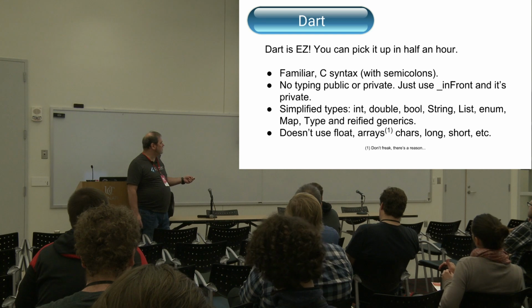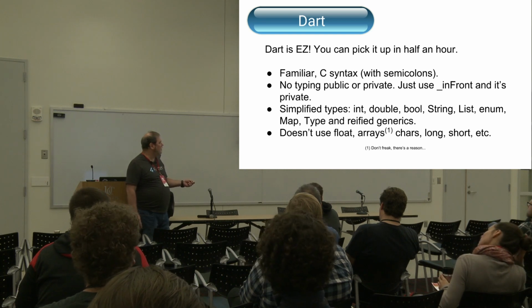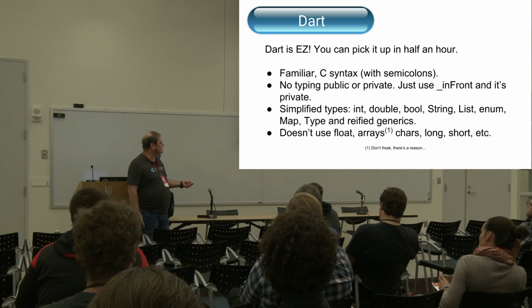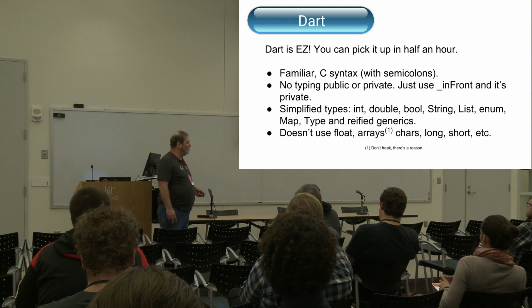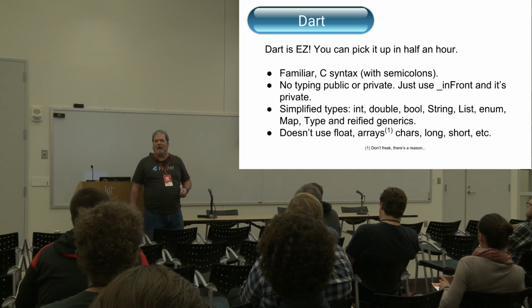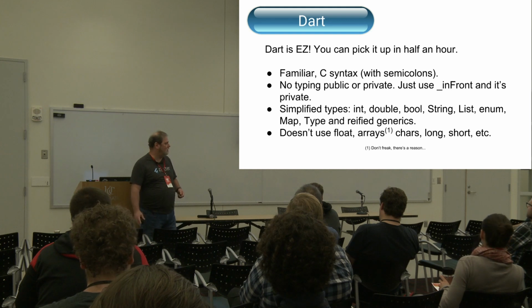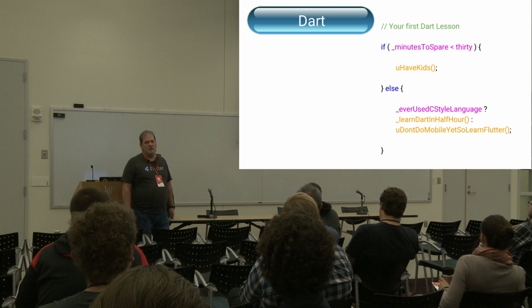We don't use floats, arrays, chars, long, short, etc. Don't freak out on arrays. There's a reason we can get away with this. Okay, long-time programmers who really know their stuff will be looking at it like, wait, you're using lists for everything? Oh my God. Your first, okay, you guys can read that.